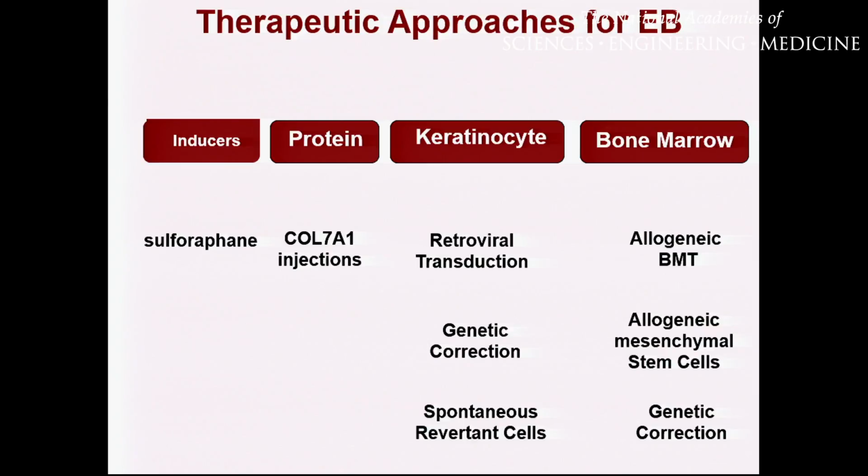Because of the horrible nature of this disease, the entire field, and anybody trying to develop therapies for this, has pursued massive production of protein, bone marrow transplants, or allogeneic mesenchymal stem cells. What I want to talk about today is the work that we've done in keratinocytes, because it illustrates the issues which we're trying to address in the symposium today.